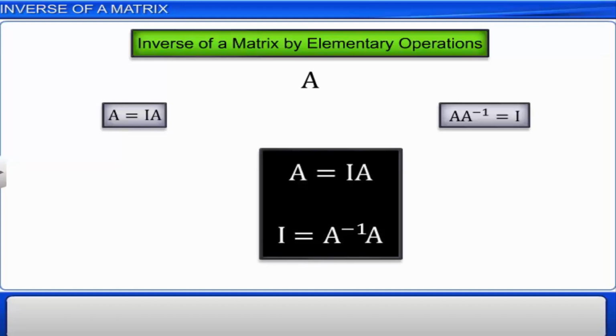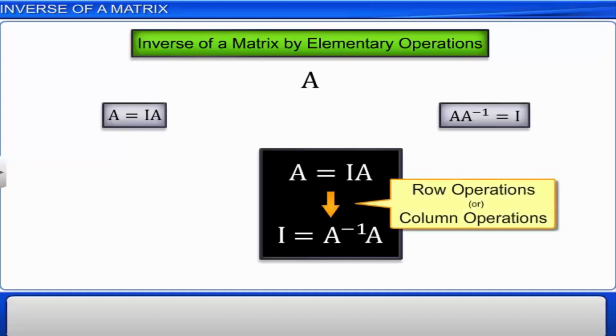We can relate the two relations as shown. Here, you can see that if we can transform the left-hand side into an identity matrix, then by the transformation process, we automatically obtain the inverse. The transformation is done by using either row operations or column operations.